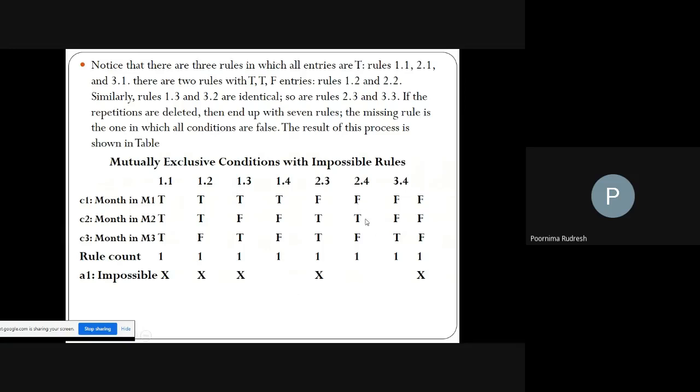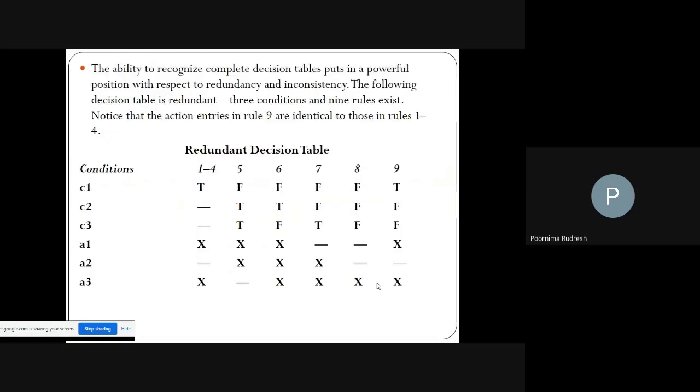But 3.1, 3.2, 3.3 are not there because all are similar to other rules, and hence we are considering only the 3.4. For that we represent true or false conditions with the rule count and the expected or obtained output. Okay, so this is about using the mutually exclusive conditions and reducing the number of rules.